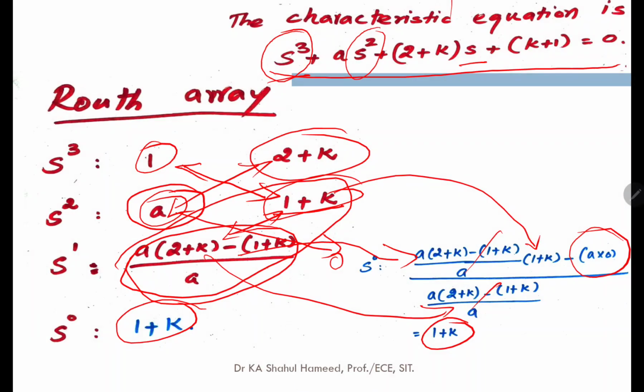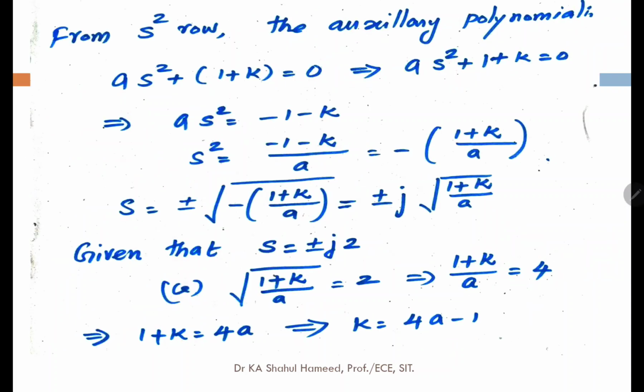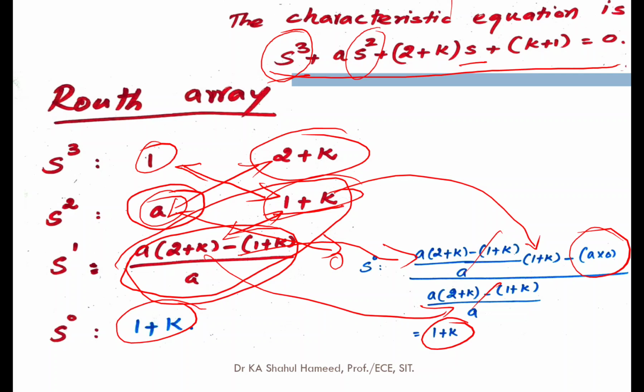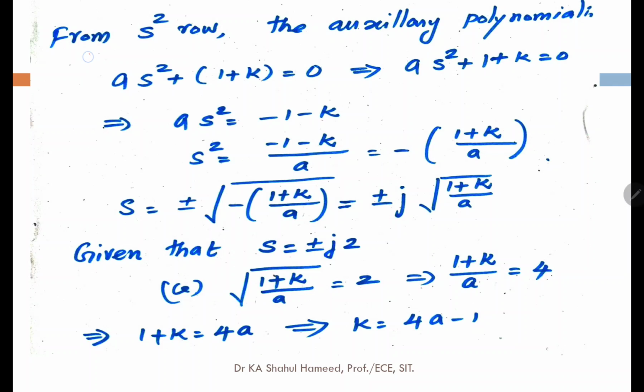Now what I have to do is find out the value of a and K for the given specification. The given specification is 2 radians per second, that is, the oscillating frequency is 2 radians per second. For that, I am going to take the auxiliary polynomial based on the second row, that is the s^2 row. I get the auxiliary polynomial a s^2 + (1 + K) = 0.